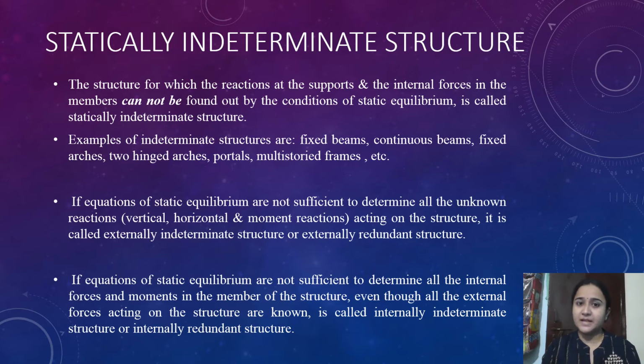We cannot find the support reactions and internal forces by those three equilibrium conditions. Examples of indeterminate structures are fixed beam, continuous beam, fixed arches, two hinge arches, portals, multi-story frames, etc.